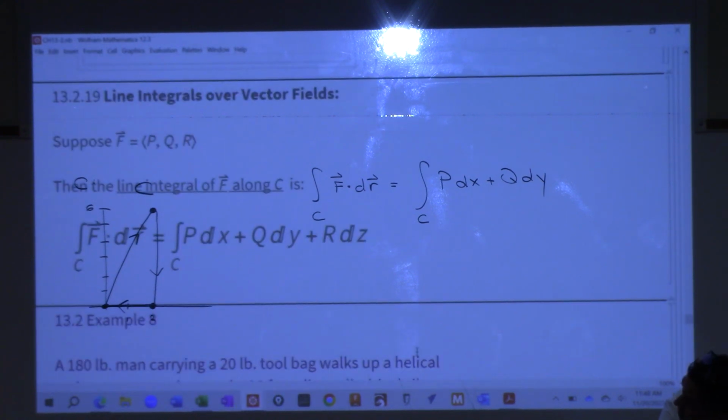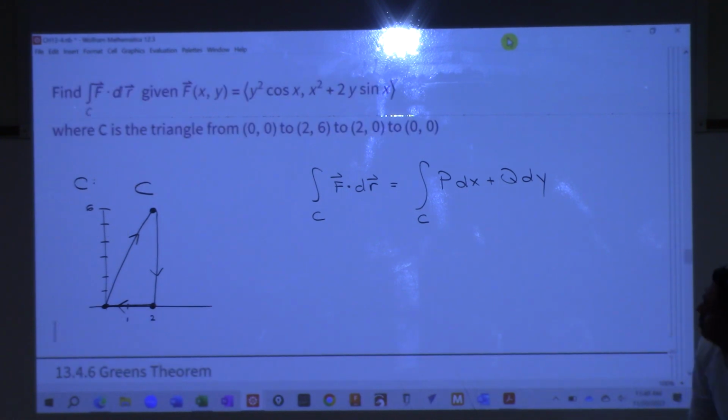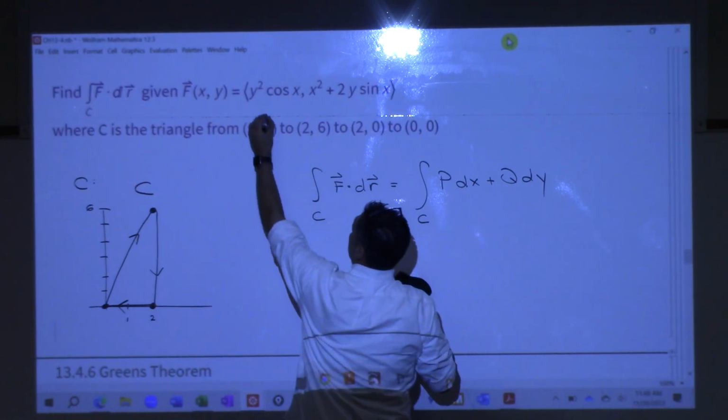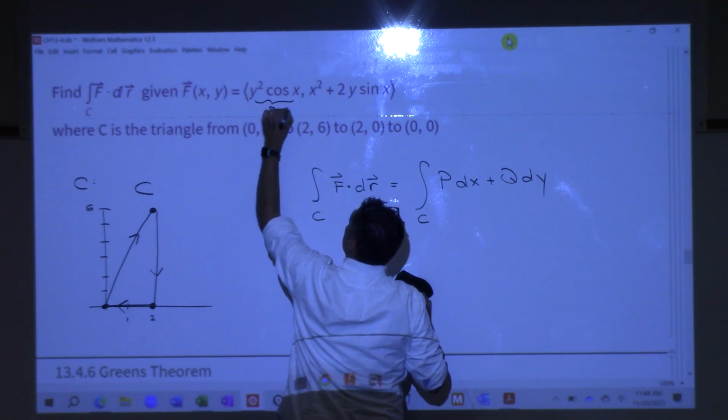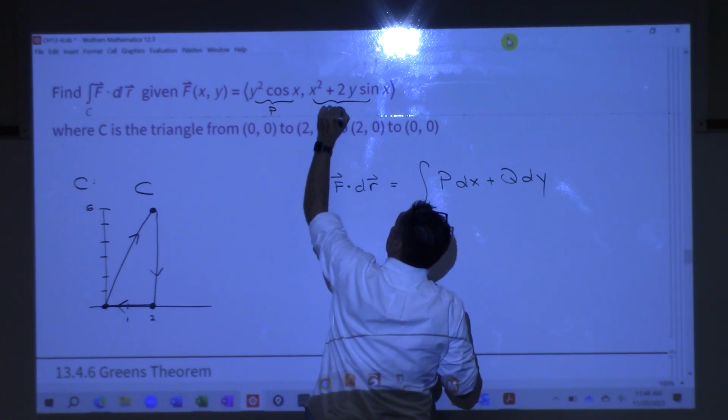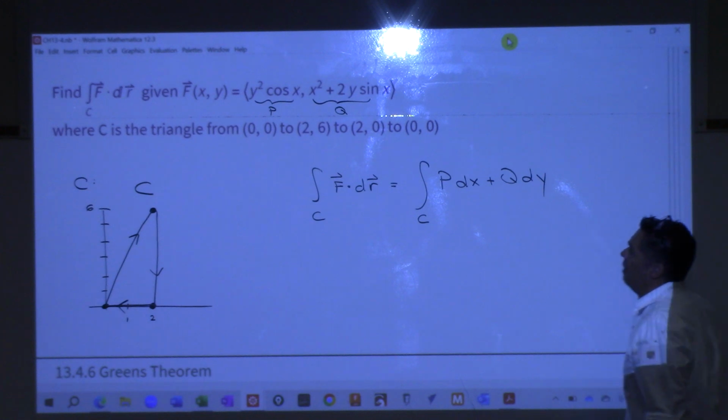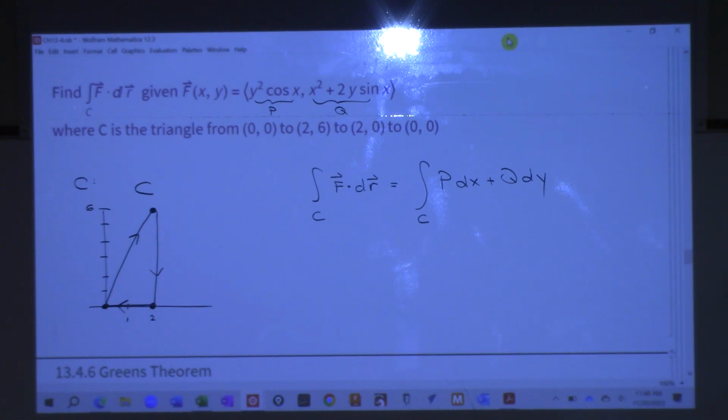So I know that I can rewrite it that way, where this is P and this right here is Q. Big deal, right? What now?